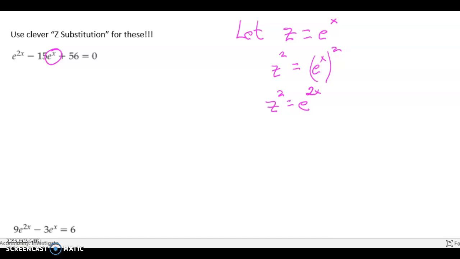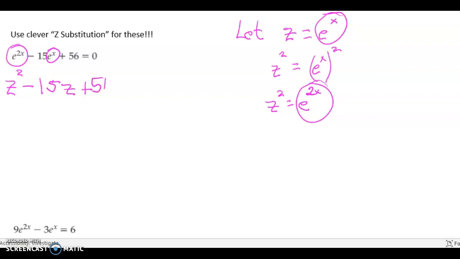So let's do some substitution. What does e to the 2x equal? It equals z squared minus 15. What does e to the x equal? Well, e to the x is equal to z, plus 56 equals 0.